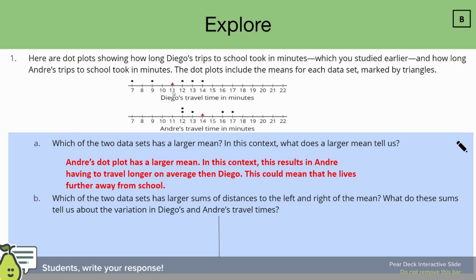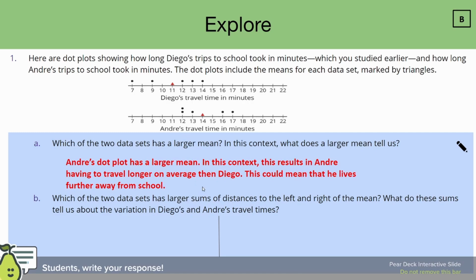Then you're going to identify whether the data is to the left of 11 on the number line or to the right of 11 on the number line. Once you do that, I want you to take all of the values that you got for the left, find their sum, and then find all the values to the right of 11 and find their sum. So please pause this video, and then we're going to talk about this one together.